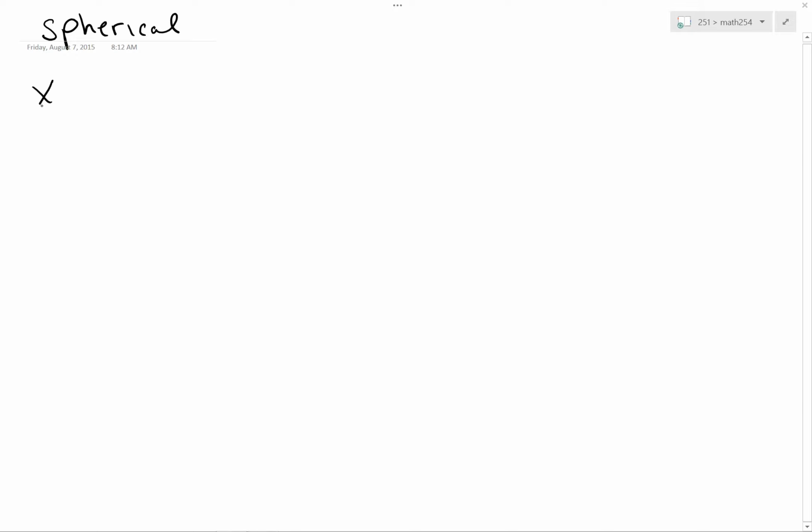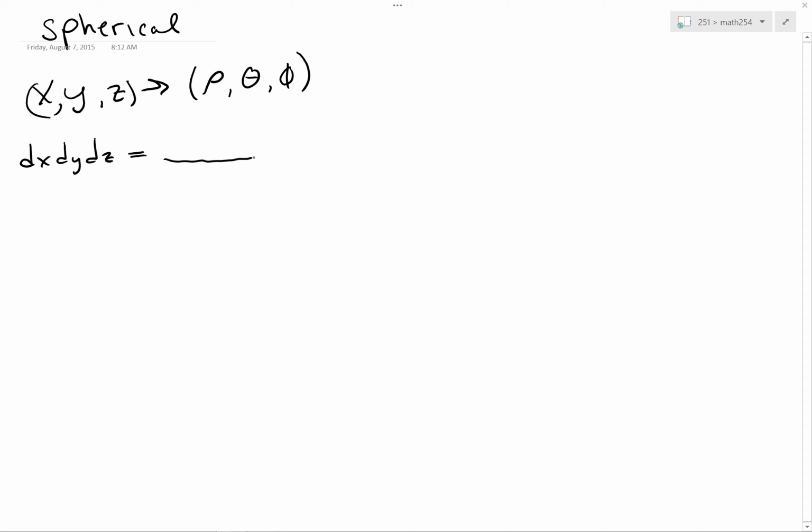If we're going from rectangular to spherical, we're going to be going dx, dy, dz, or whichever of the 6 versions of that you like. I don't know what goes right there. That's my Jacobian. And then we're going to have d rho, d theta, and d phi over here. Again, what I don't know is what's going to go right here.